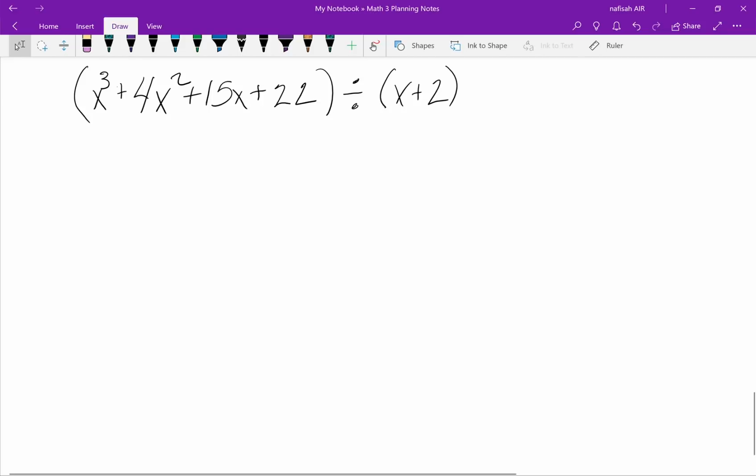If I was asked to divide x cubed plus 4x squared plus 15x plus 22 by x plus 2, I could do it using long division.